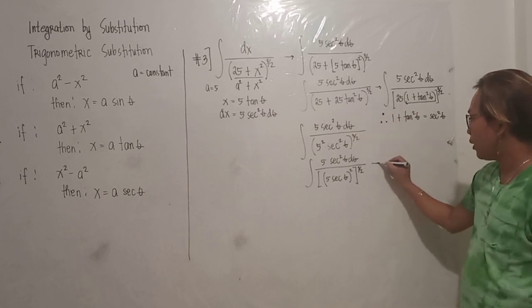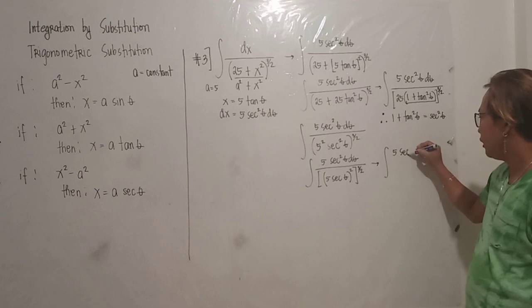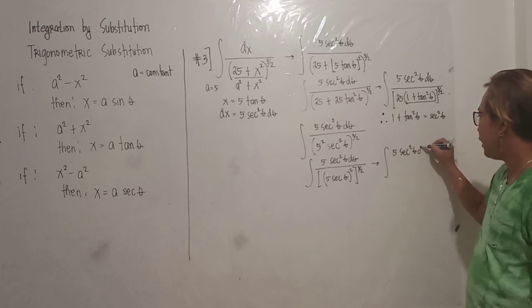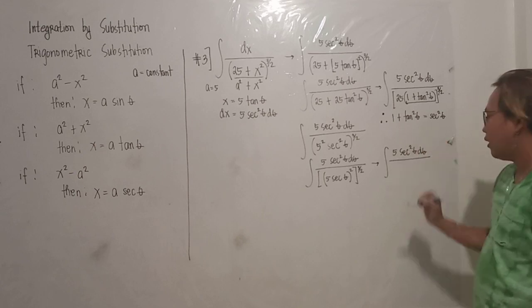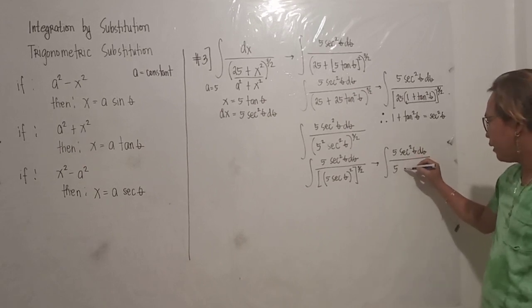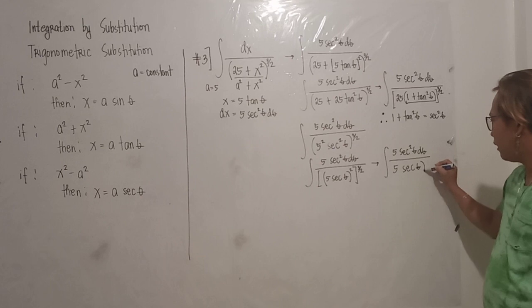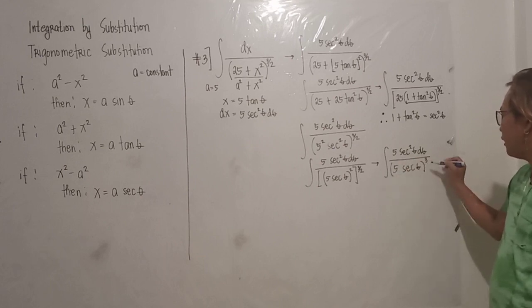So this equation will now be 5 secant squared theta d theta over 5 secant theta, then cube.